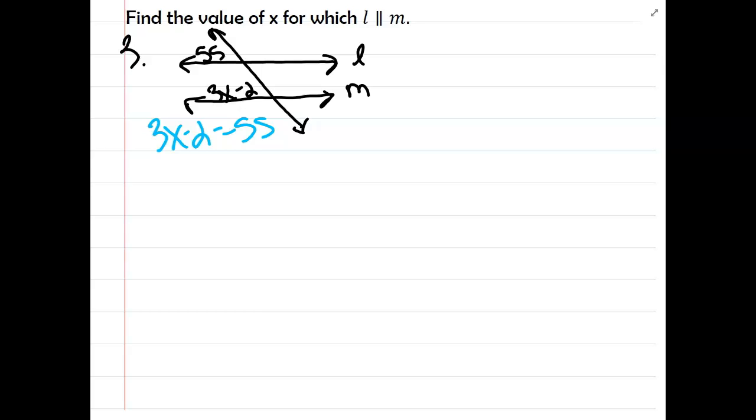So we'd set them equal to each other, add 2, and we'd get 3x equals 57. Divide by 3, and we'd get x equals 19. Good. So really it is the same thing we did last week, just posing the question a little differently. Okay, number 4.